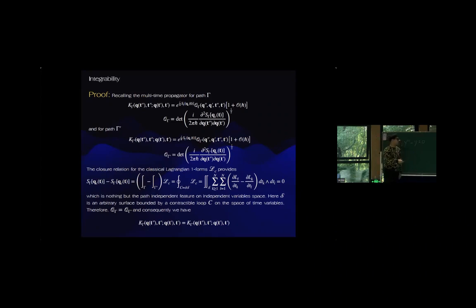And we know that with the closure relation, the difference between these two actions is nothing but the closure relation. Then we get no difference of the action. Since there is no difference of the action, this means that Q gamma and Q gamma prime must be the same. It means that your propagator is the same for gamma and gamma prime. That is the thing. So for the loop, you're going to get the identity, right?